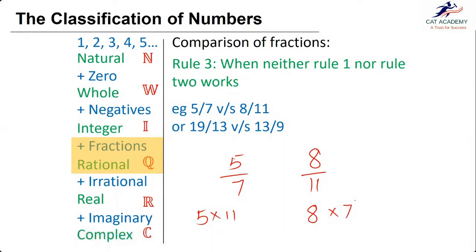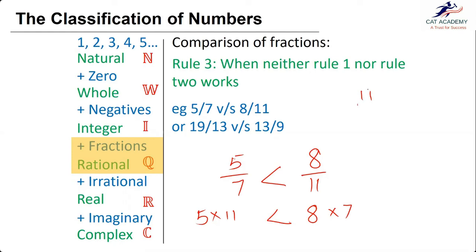Who is greater in these two? 5 into 11 is greater or 8 into 7? 8 into 7 is greater, so 8 by 11 is greater. That's it. Understood? This is how I can compare fractions.